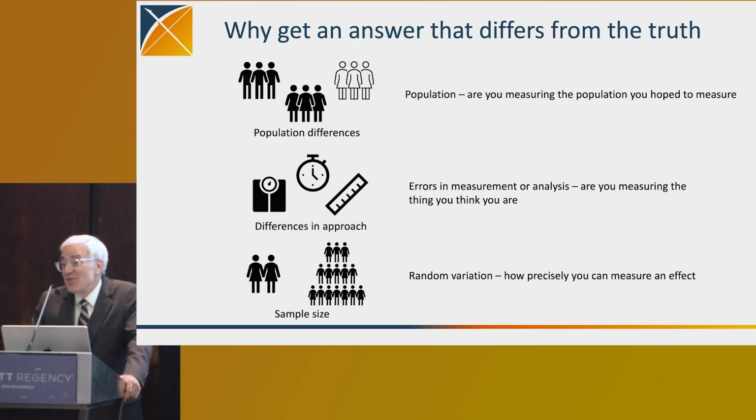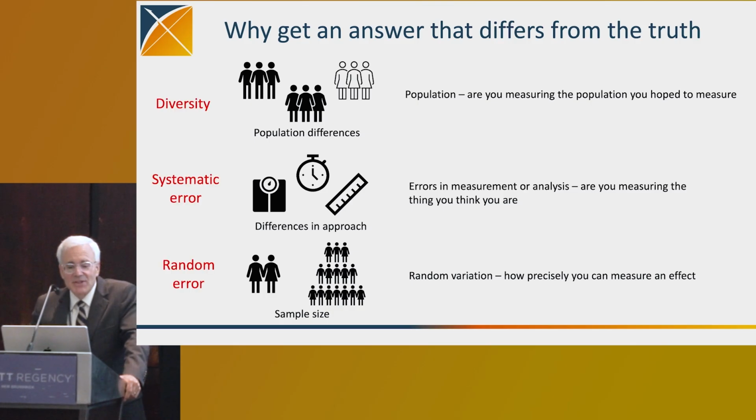And third, there may be real differences. You may be studying an older population in the Medicare database, and you have a different database that has only people under 65 or only pediatrics, and you'll get a different answer for, say, heart attack, myocardial infarction rates. So the population differs. There's random error, systematic error, and then at the top, what's also a form of systematic error, I'll call it diversity, that we want to see in the population so I can generalize.